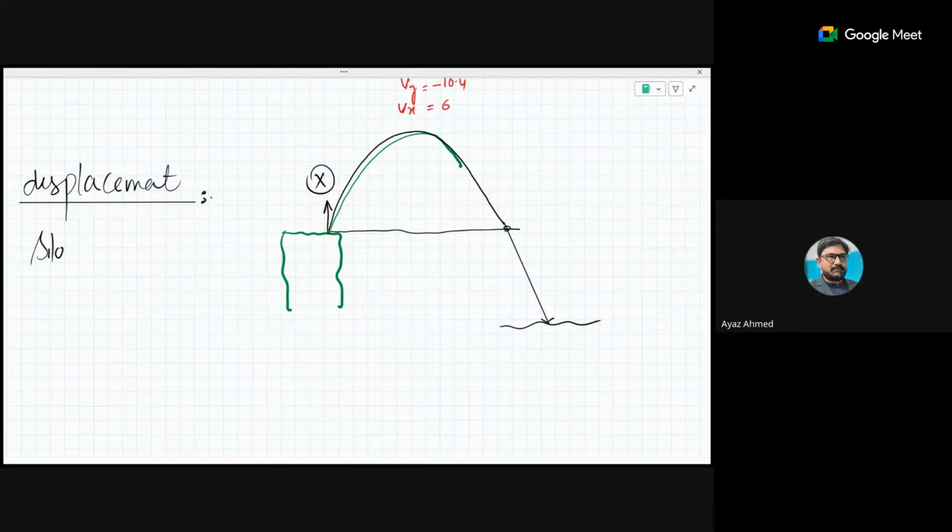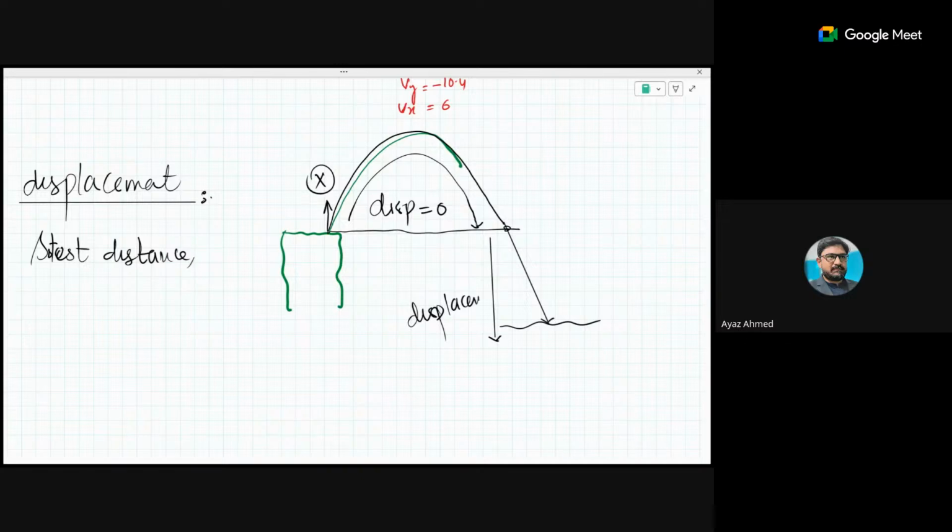So, for example, for a closed path till this point, what will be the displacement? The displacement would be equal to 0. Are you getting my point? So the displacement starts below this point. This is the displacement. Am I right?